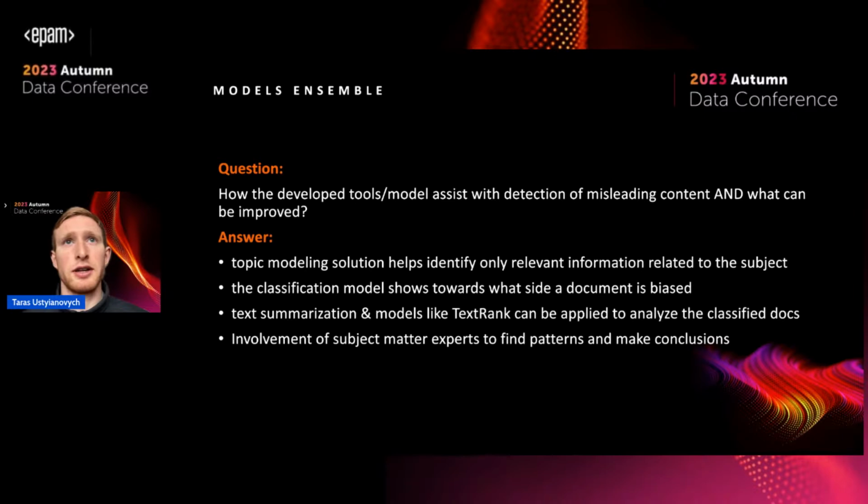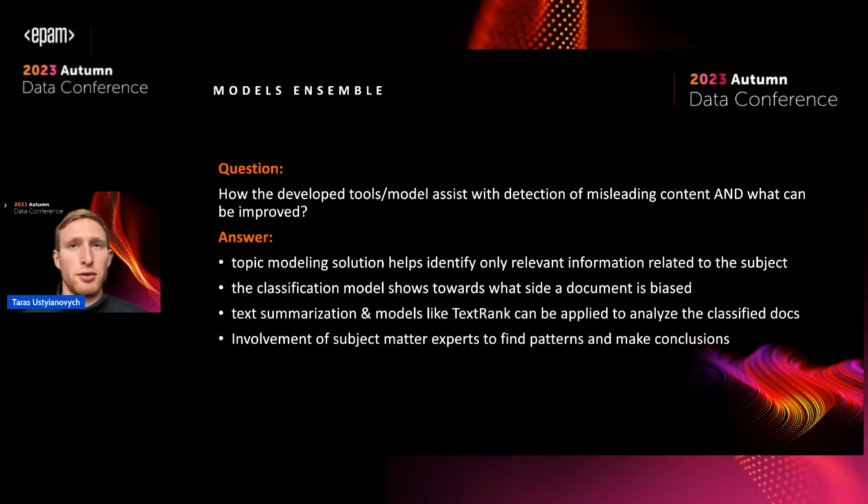Because when you collect data on a specific keyword from social media, you might get many different text entities. And from our experience, only 30-40% of this data is relevant to the subject matter you analyze. So on this 30-40% worth of data, we apply our classification model to find out towards what viewpoint it's biased.